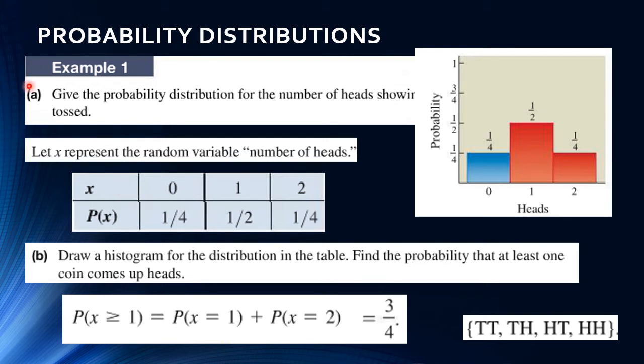And so our probability of 1 head is 1/2, and our probability of 2 heads is 1/4, so we simply add them together and get 3/4. Remember, when the descriptions are not exact, like at least, at most, greater than or equal to, then you have to be precise and list the cases.